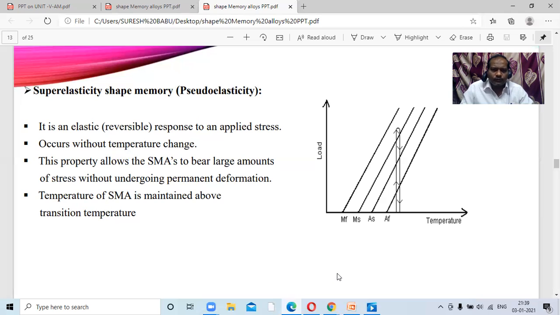Stress is equal to force by area, but the limitation is that it should be above the transition temperature. So this is the property we have to remember. After the one-way effect and the two-way effect, the third one, super elasticity, is another property of shape memory alloys.